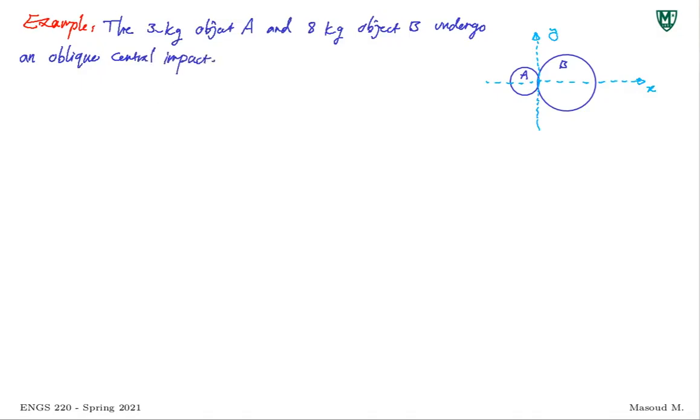So even if you're not told that it's oblique central impact, we don't really talk about any oblique non-central impact. The coefficient of restitution is equal to 0.75. Oh, I don't know where they get 0.75. It's 0.8.